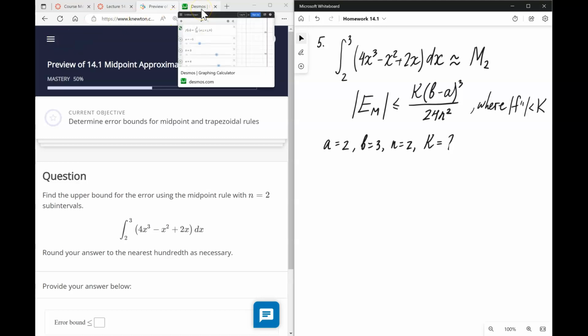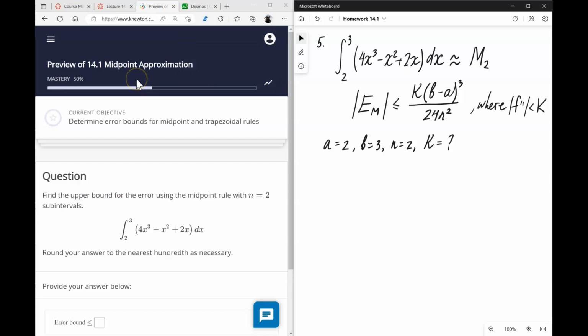And you can find k analytically by differentiating your function.